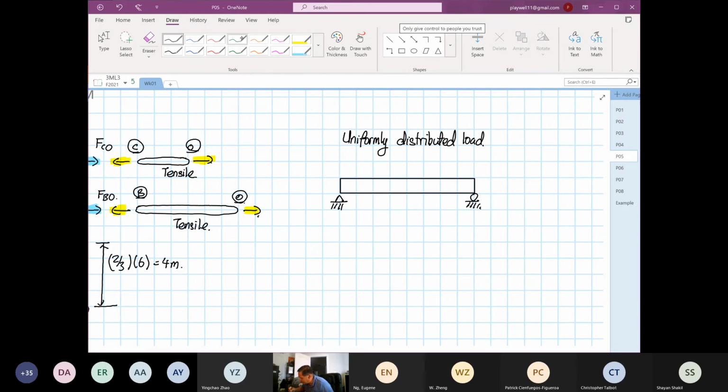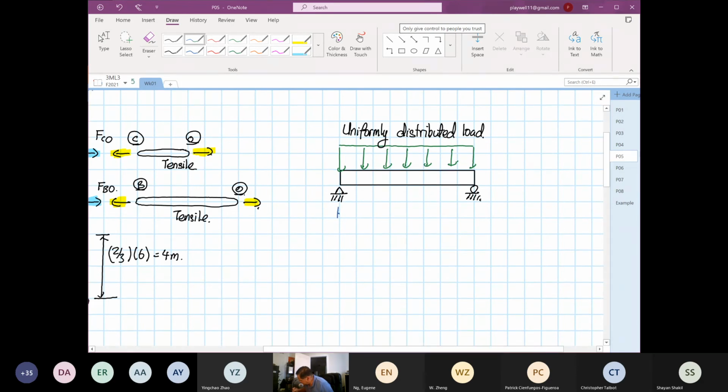So we have a uniformly distributed load. Uniformly means throughout the whole length, the load is uniform. Right? And the distance from here to here is L. Okay.